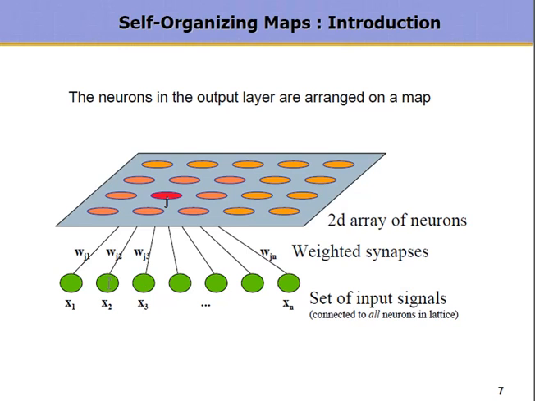Each input neuron is connected through a weighted connection or a weighted synapse to the output layer. This is very similar to a fully connected neural network, and the target is to adjust the values of these weights so that we can have a resultant weight map or a weight matrix which can be used for the clustering or grouping of all the unknown instances.